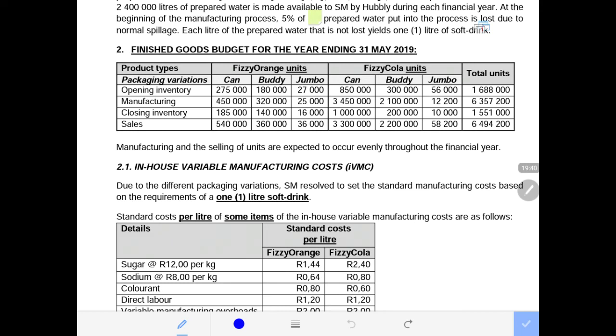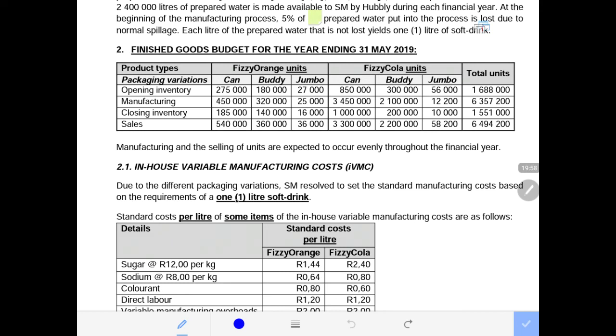Then we have the in-house variable manufacturing cost. Due to the different packaging variation, SM resolved to set the standard manufacturing cost based on the requirements of 1 liter of soft drink.